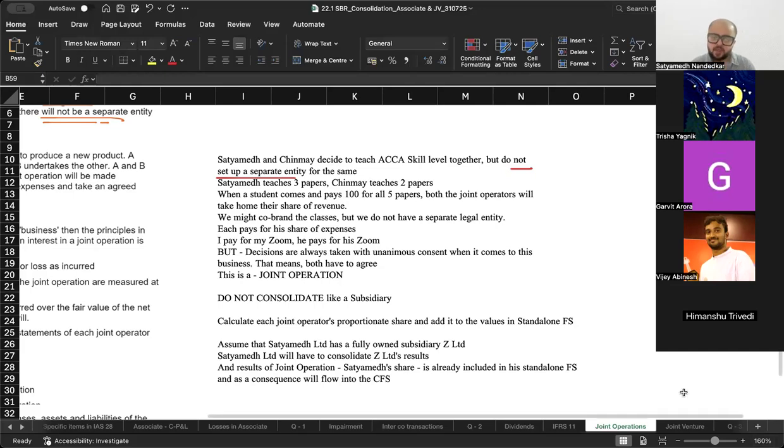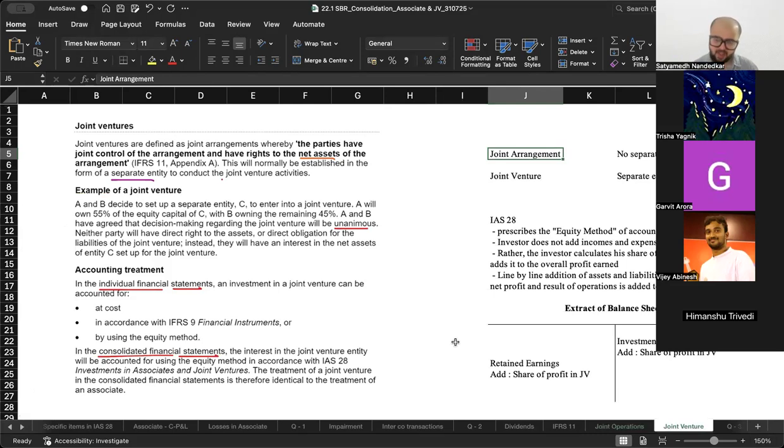Okay, so this is a joint operation. You don't have to consolidate that like a subsidiary, but the decisions have to be taken with approval from both the parties, and our individual share of revenue, expense, income, assets, liabilities will be added to our standalone financial statements.